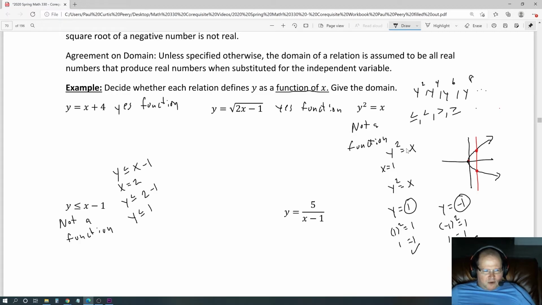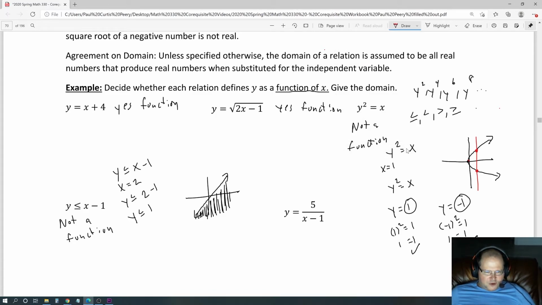Okay, now what would this look like graphically? So let's try this graphically. Graphically, this would look something like this. And because it says y is less than, you would shade all this part down here, right? This would all be solid. Okay, now here's the key on this one.